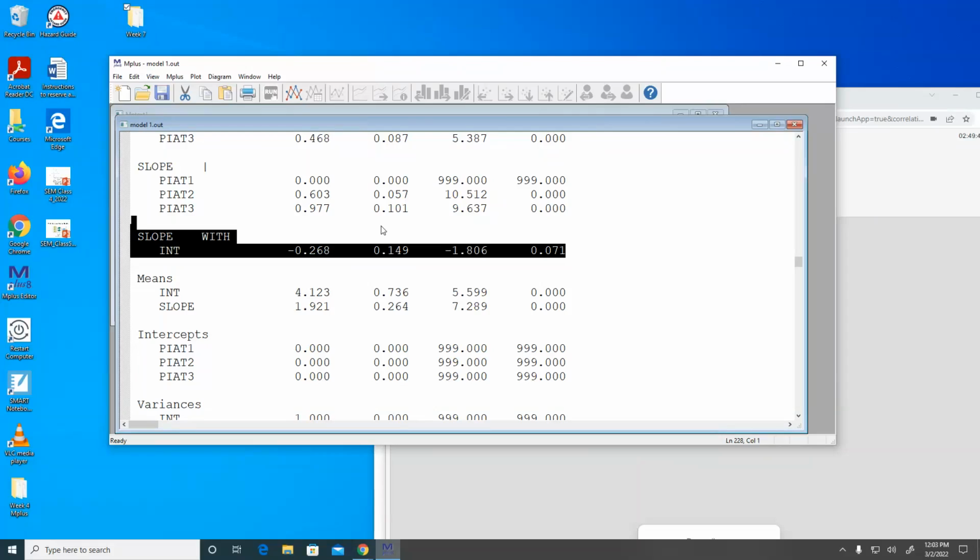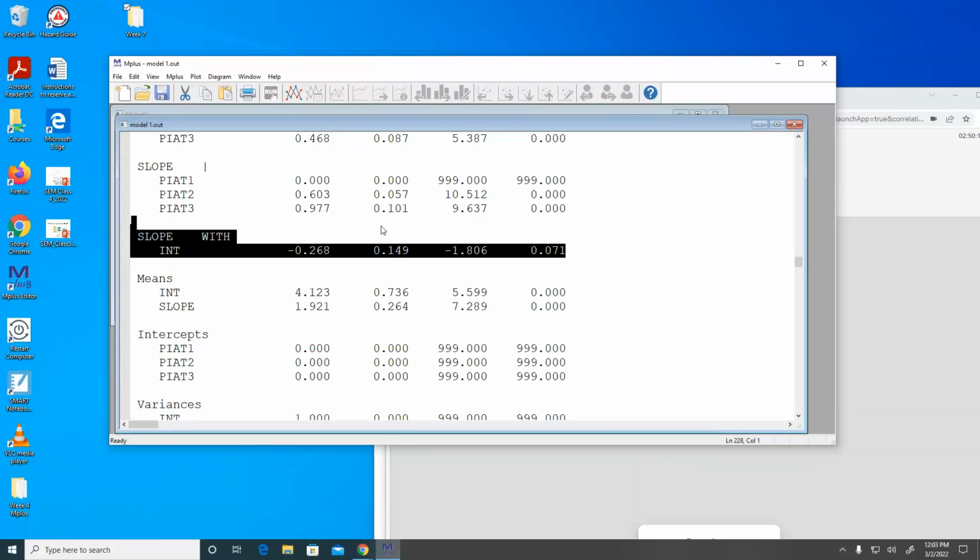So there are times with these kinds of models where you can see a covariance between the slope and the intercept that looks really large, but then the standard error is so large that it's not statistically significant. So it is really good to look at the statistical significance and not overinterpret this if it's not statistically significant, because often that particular parameter is very noisy.